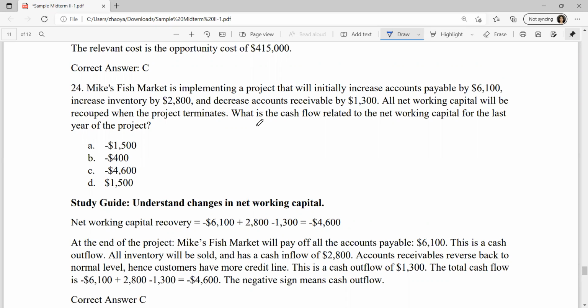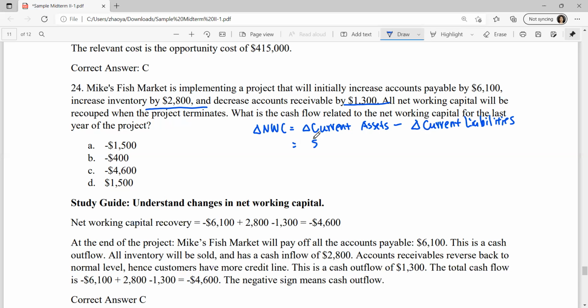At the beginning, the change in net working capital equals the change in current assets minus the change in current liability. Inventory and receivables are current assets.